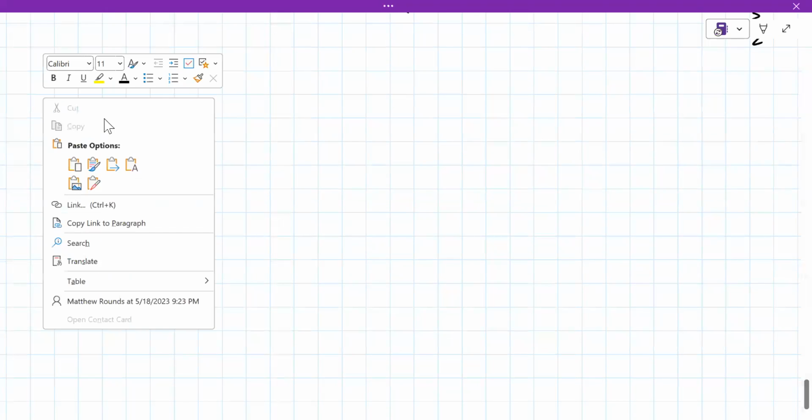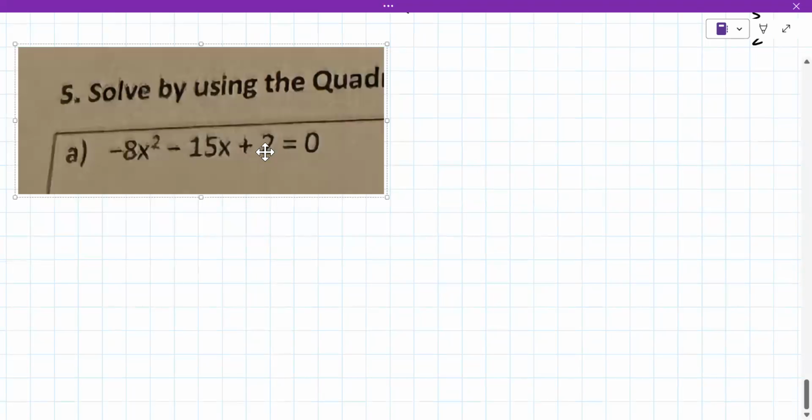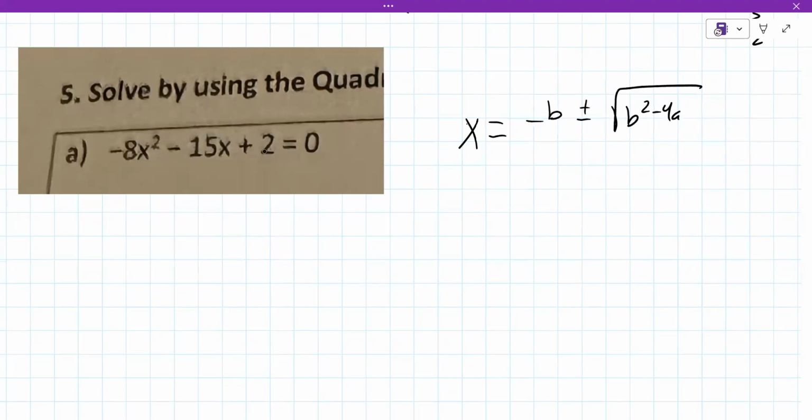Okay, so start here at the beginning, 5a. Will you be given the quadratic formula or do you have to remember it? No, I know it. That's good.